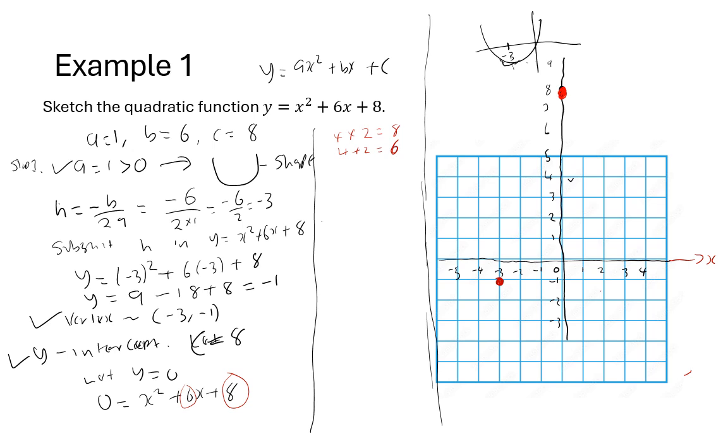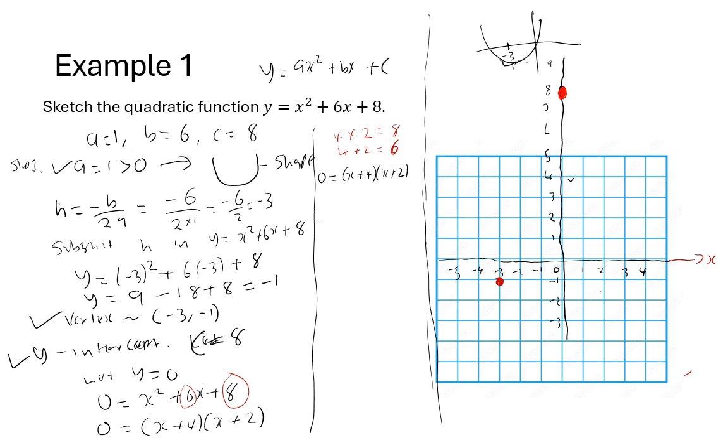So then we can write this as 0 equal to x plus 4 times x plus 2.